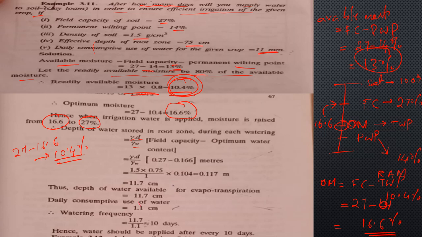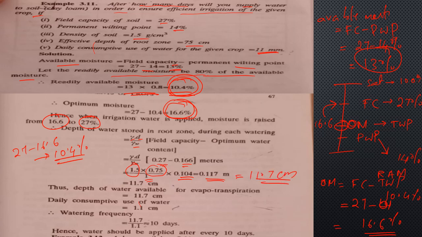Substituting here, gamma is 1.5 gram per centimeter cube, d is the root zone depth given as 75 centimeter, that is converted into meters 0.75, 1 is the unit weight of water into 0.27, that is field capacity minus optimum moisture content level, that is 16.6 that we found out here. So 0.27 minus 0.166, that is equal to 0.104. So the depth of water corresponding to the irrigation water supplied is equal to 0.117 meter, that is equal to 11.7 centimeter.